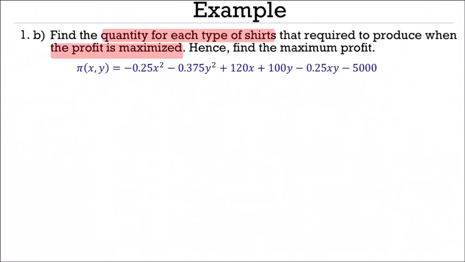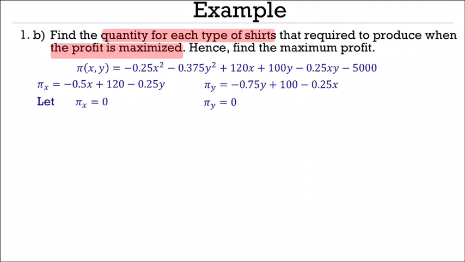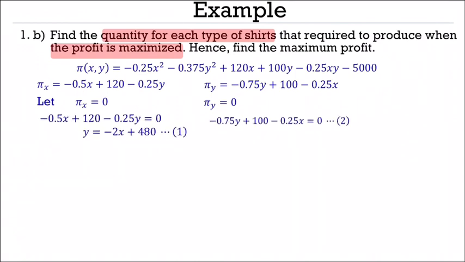So, by using the profit function from (a), we have to find the partial derivative with respect to X and the partial derivative with respect to Y. Now, let both pi sub X and pi sub Y equal to 0. We will get two equations in terms of X and Y.